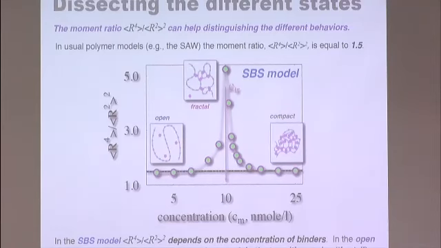And so this is the thermometer which we can use to probe locally which is the state in which chromatin is. If you find something close to 1.5, if this scenario is true, you should be probing a compact or an open state. If you find something which is far from 1.5, then you can be close to the theta point fractal state. And there is data on that.